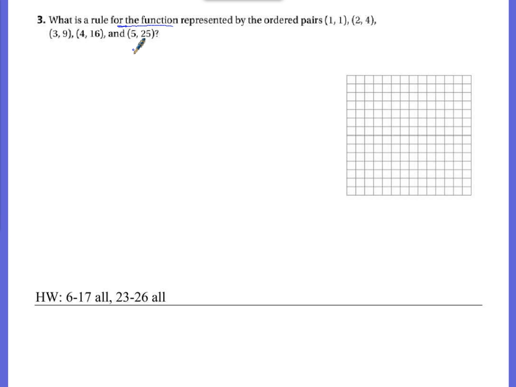Make a table, okay. So we have x and y, and what am I going to put in my table? 1, 1, and then 2, 4, and then, yeah.